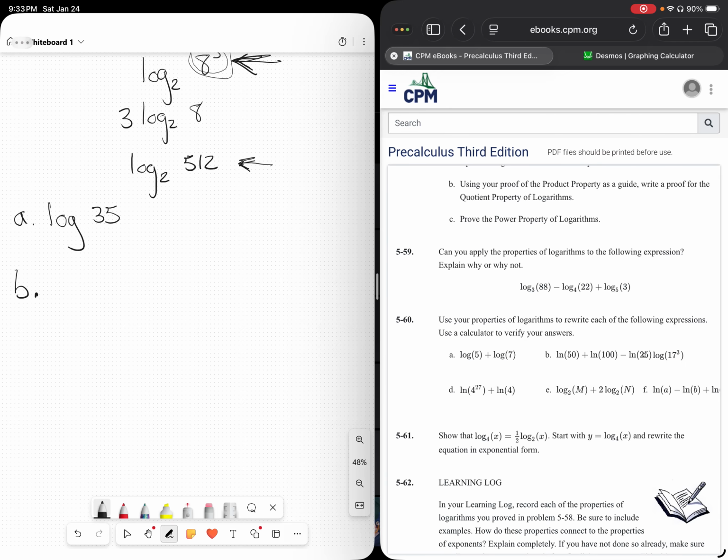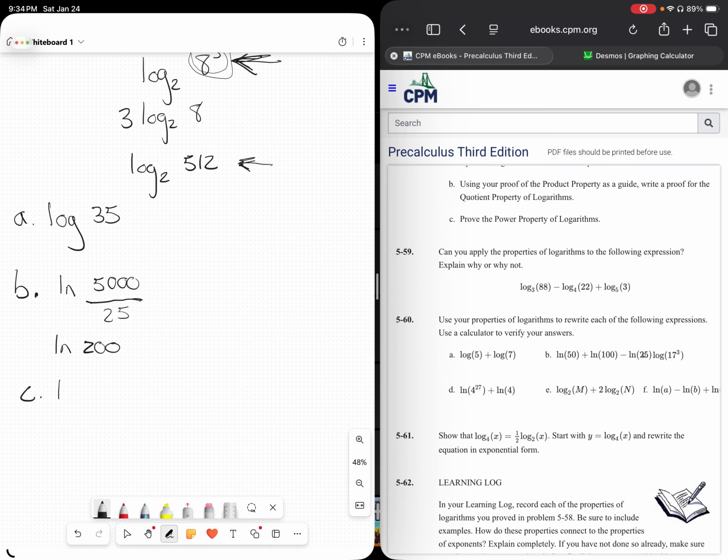This would be natural log of 50 times 100, which is 5,000, and then we're dividing. So over 25, which would actually go in 200. So this would be natural log of 200. You could also do that if you wanted to go ahead and do it.